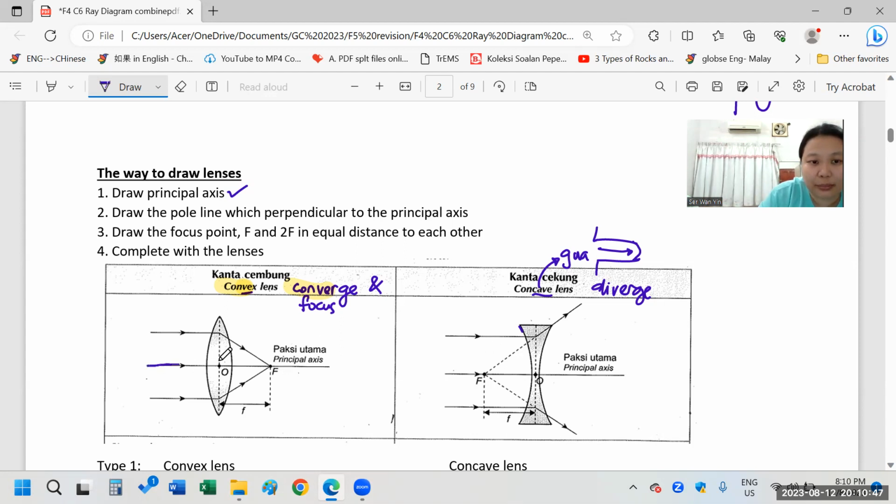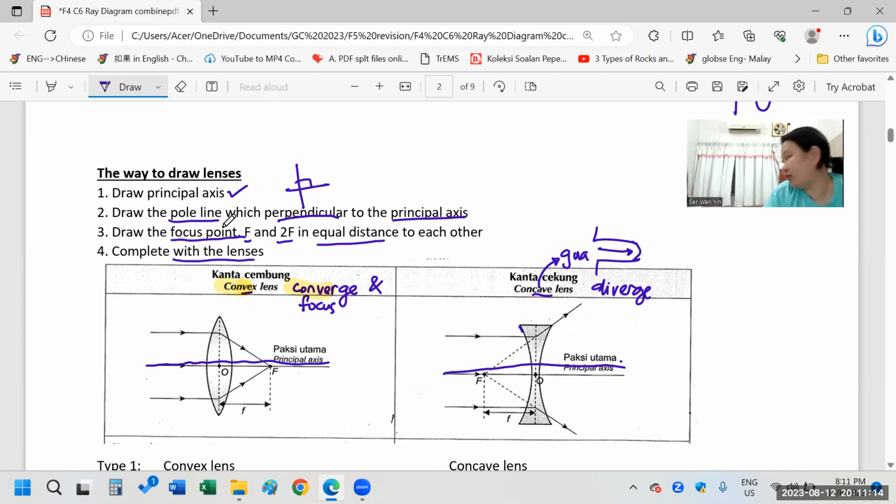Here, principal axis. So second, draw the pole line. Pole line means the center is perpendicular. Perpendicular means 90 degrees to the principal axis. Then we draw the focus point F and 2F in equal distance.